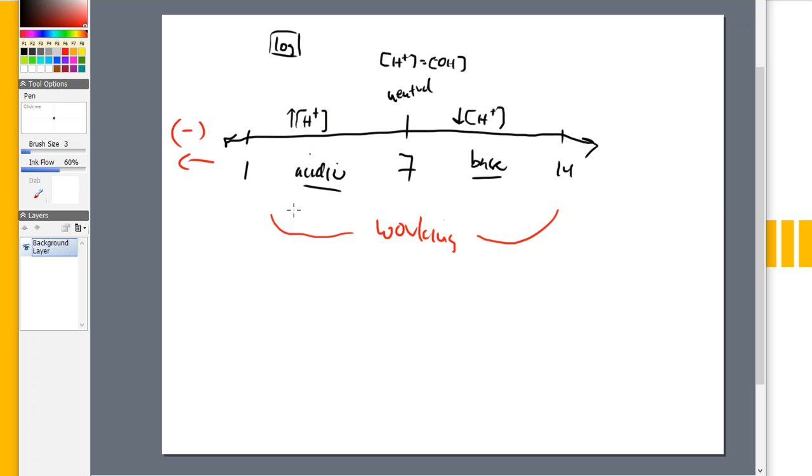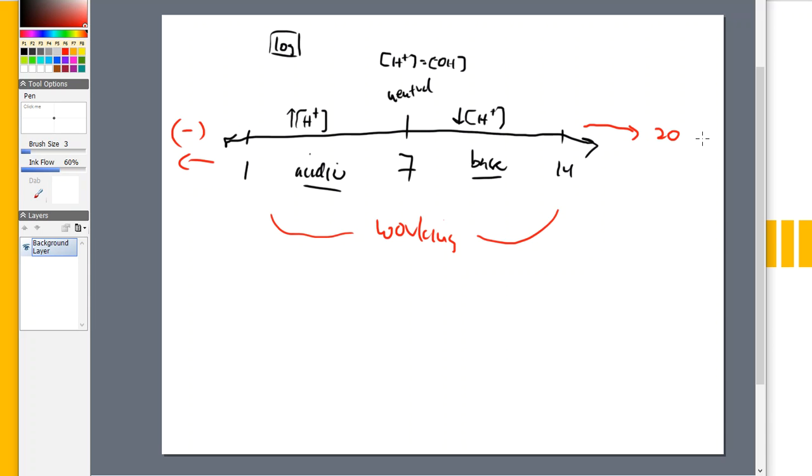But we can go pH of 0. We can go pH of -1. That's perfectly fine. No one said that we can't. They just don't talk about it. And that also means that we can go above a 14, so we can go to like a pH of 20. That's perfectly okay. It's just something that people don't discuss and talk about, but we can do it.